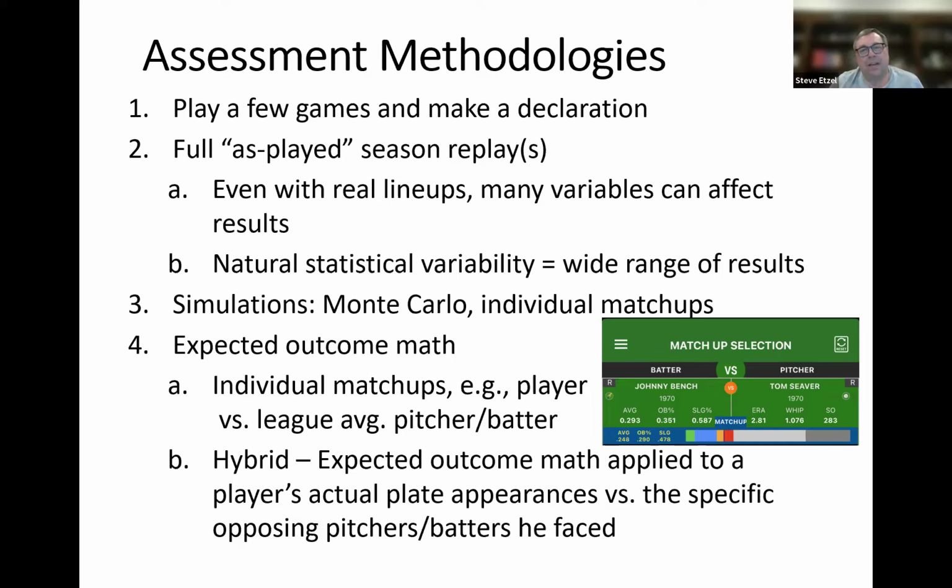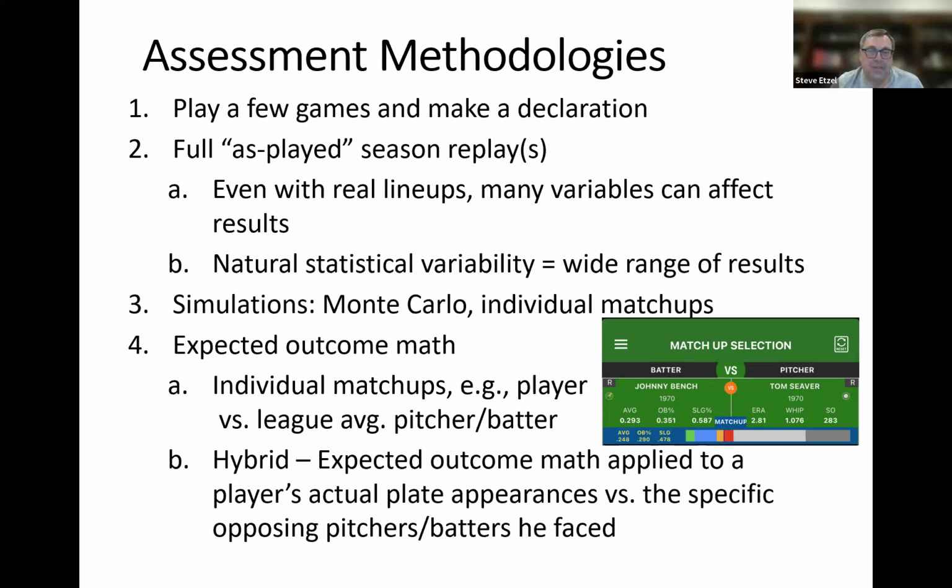But even with real lineups, there's a lot of variables that can affect the results. Pretty much as soon as the first batter steps into the plate and produces a result, the game isn't going to resemble the original game. So you're going to have some variability. And then, as I alluded, just natural statistical variability is going to produce a wide range of results, even with a full season replay.